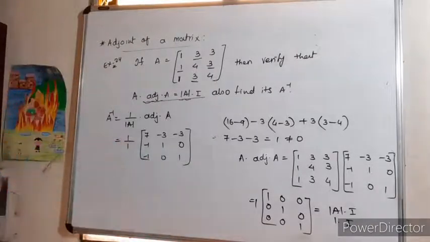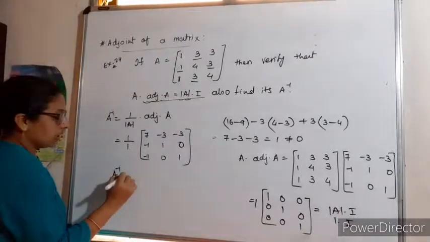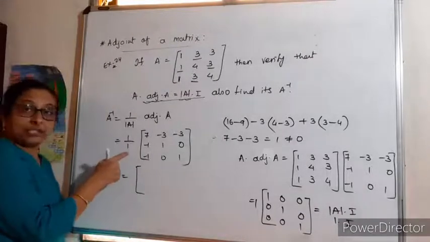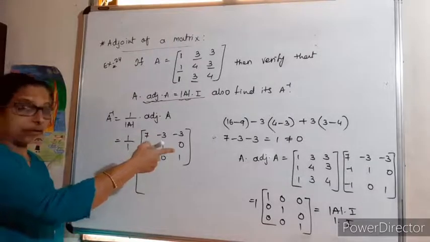This is 1 upon 1, that means it remains the same, and therefore A inverse.